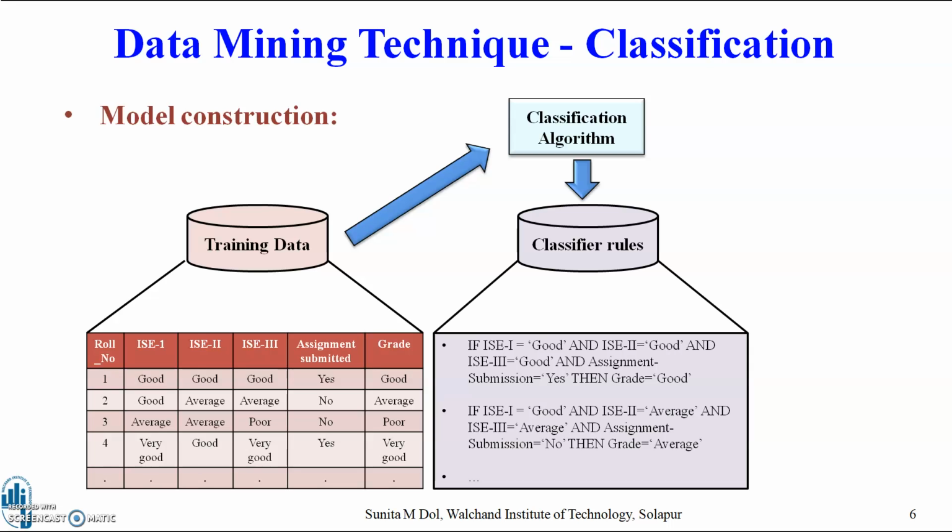Sample classifier rules are also shown here, such as: if ISC1 equals good, ISC2 equals good, ISC3 equals good, and assignment submitted equals yes, then the grade is good. If ISC1 is good, ISC2 is average, ISC3 is average, and assignment submitted is no, then the grade is average, etc.